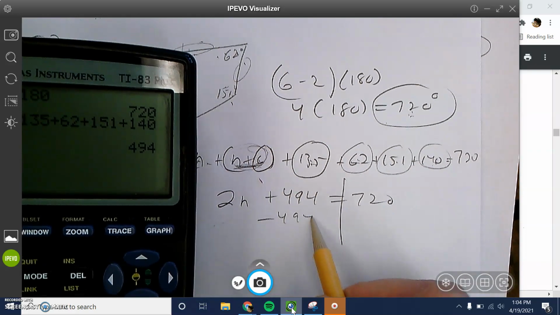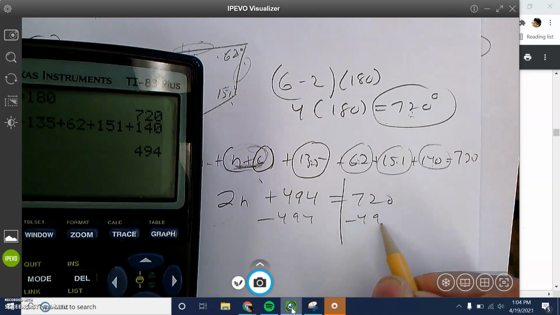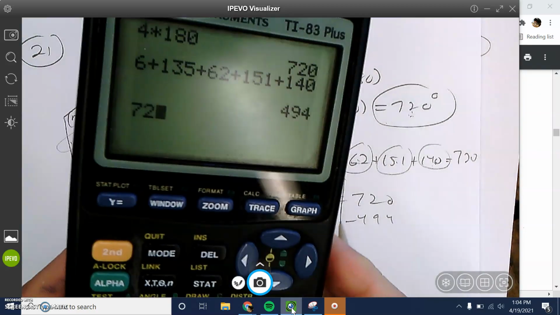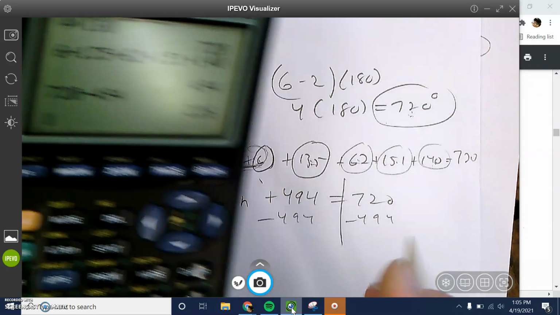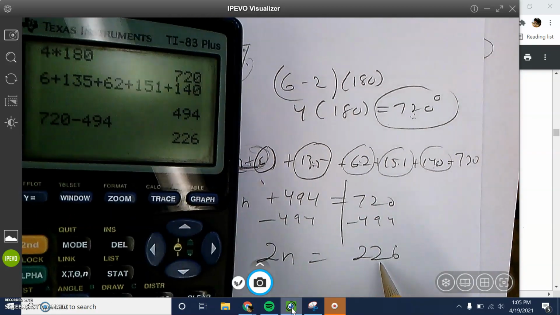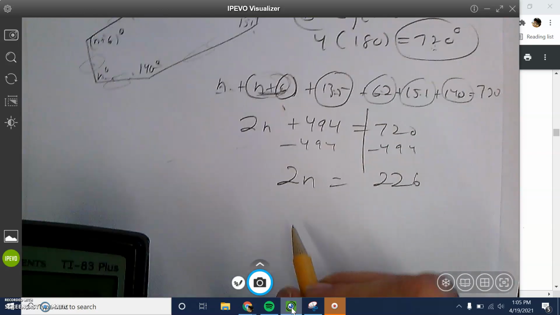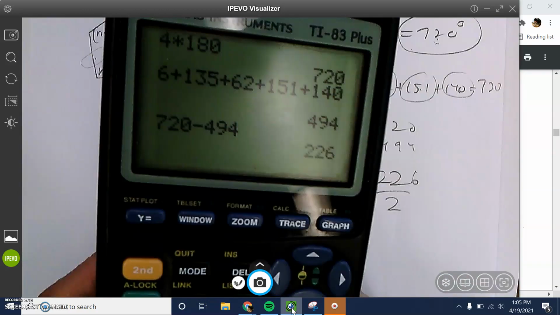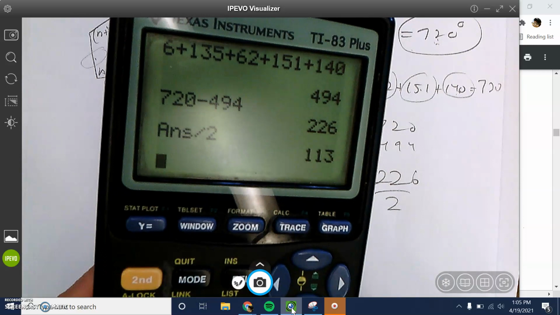Subtract 494. 720 minus 494 equals 226. What's the last step? Yeah, I'm going to divide by 2. Divide by 2, and you get 113.